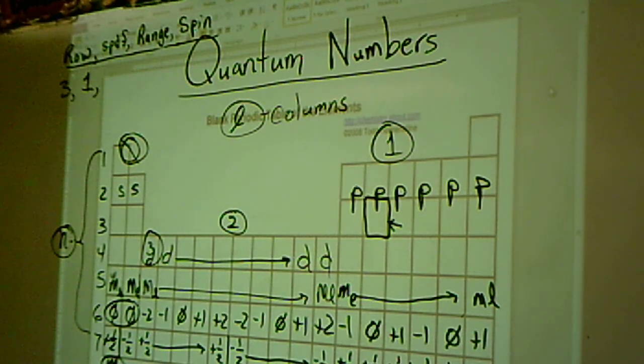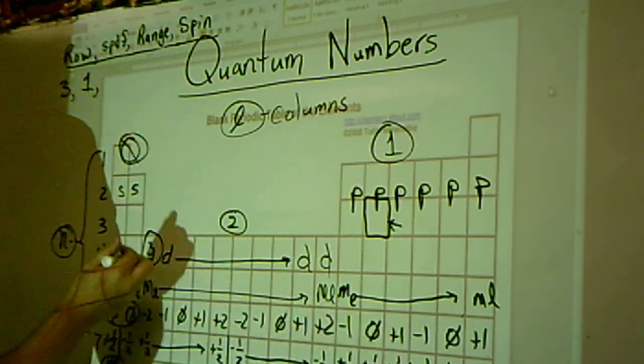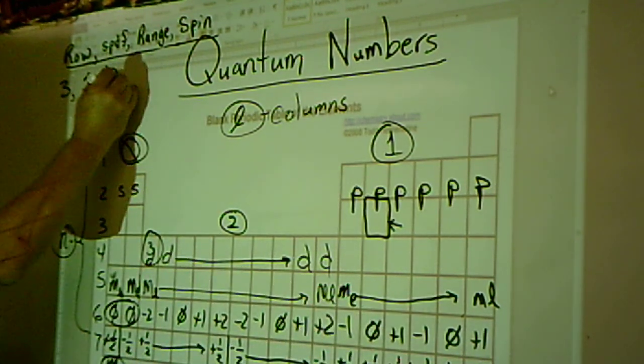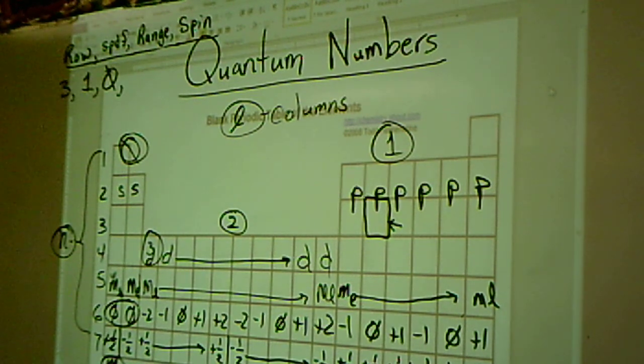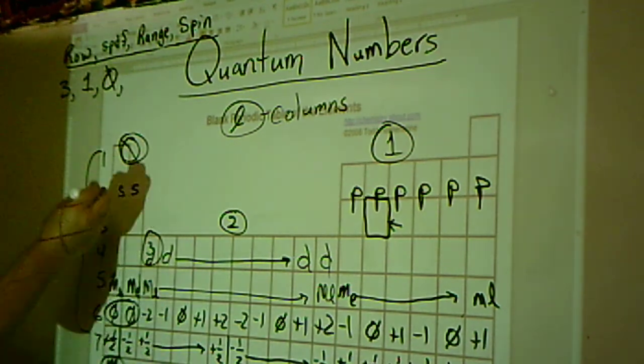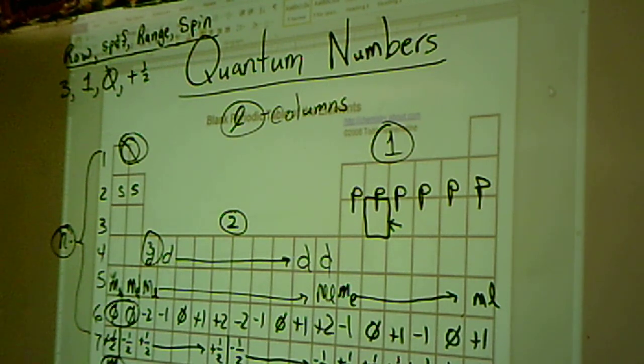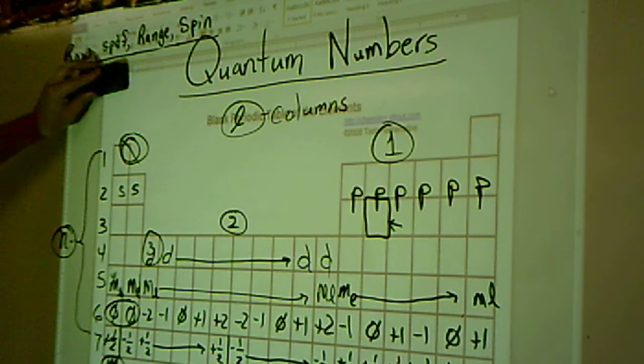My range tells me it's a 0. And then my range also tells me that it's a 0 on my first one. The spin is going to be a positive 1/2. Again, same routine.